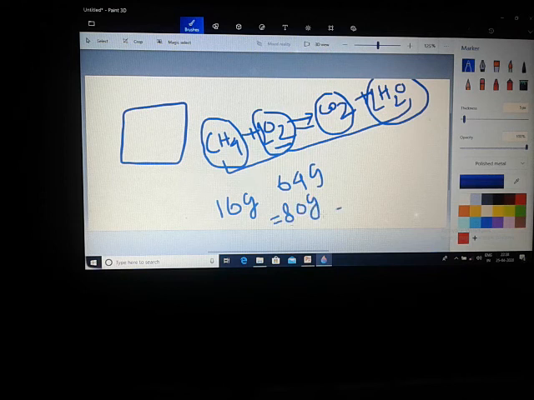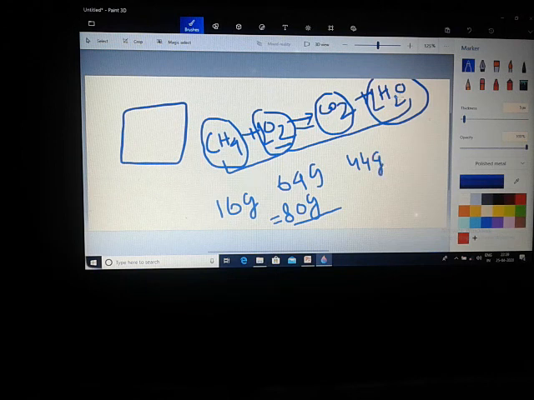Very minutely see these things. 80 gram is present in the reactants, that means the left hand side, and on the right hand side we will calculate. How many carbon atoms are present? 1, and how many oxygen? 2. In the case of carbon dioxide, the total mass is 44 gram. 1 carbon is 12 and 2 oxygen, 16 into 2 is 32, and 32 plus 12 is 44 gram.